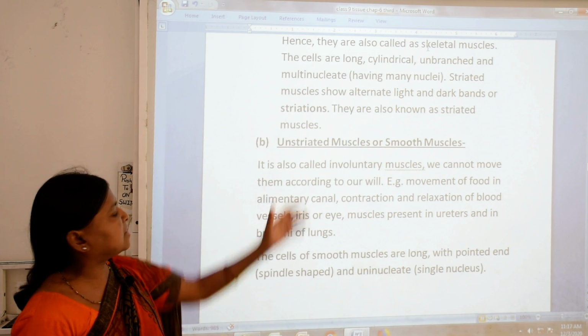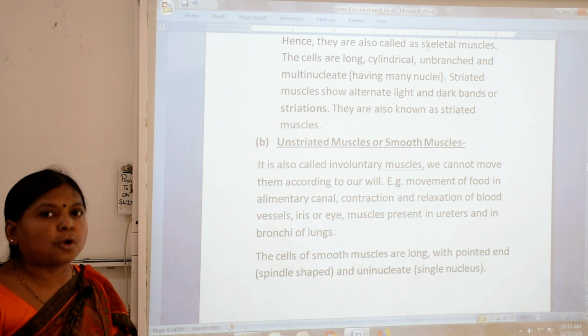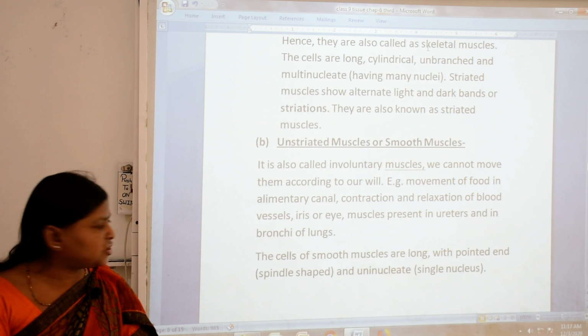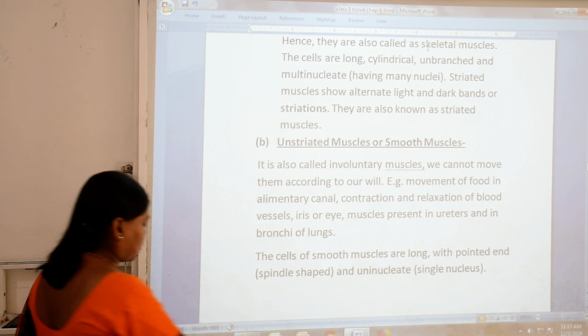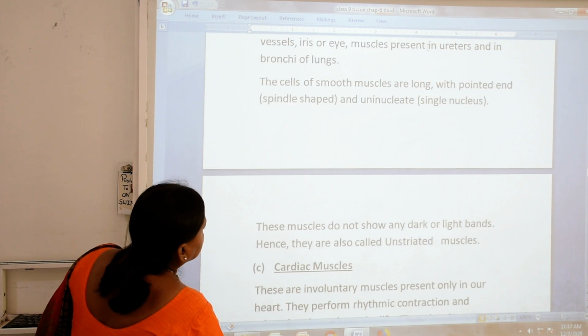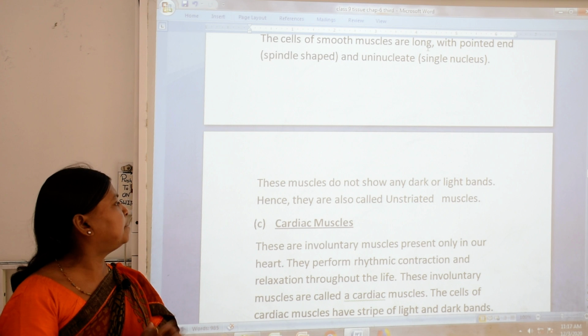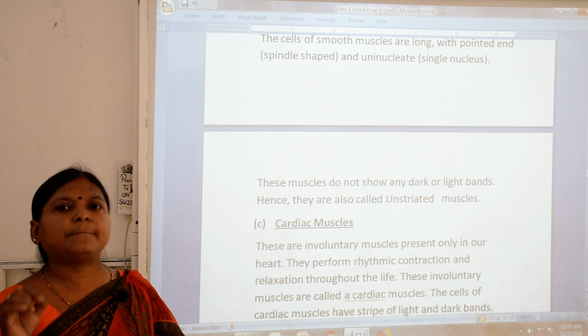All these are unstriated muscles. The cells of smooth muscles are long and pointed, mostly called spindle shaped, and uninucleate, meaning a single nucleus is present. These muscles do not show any dark and light bands, hence they are also called unstriated muscles.